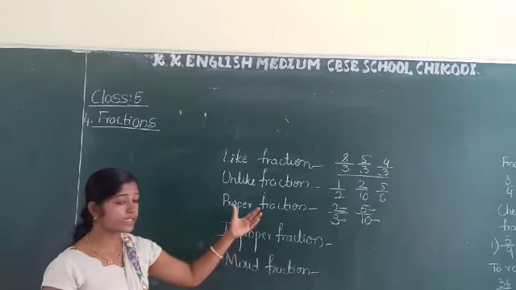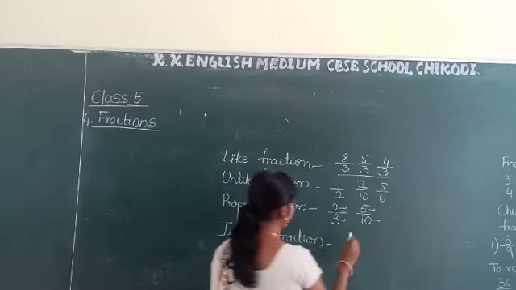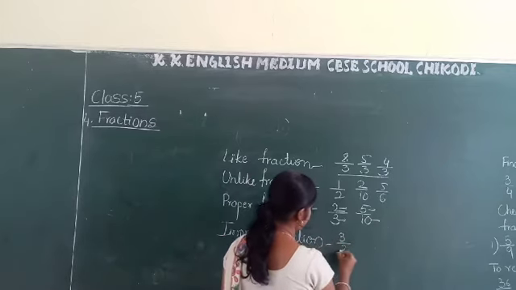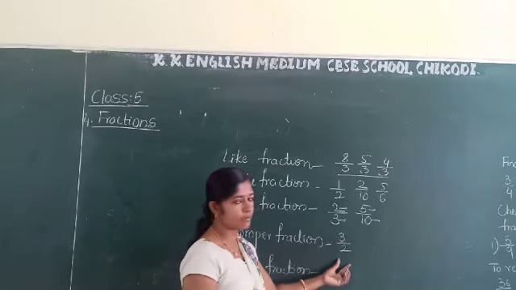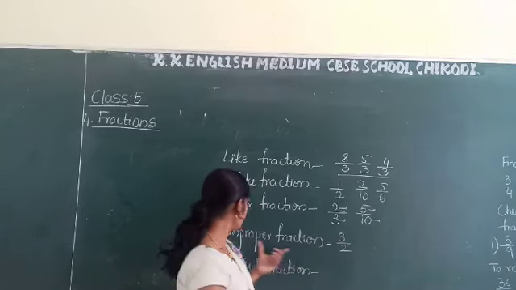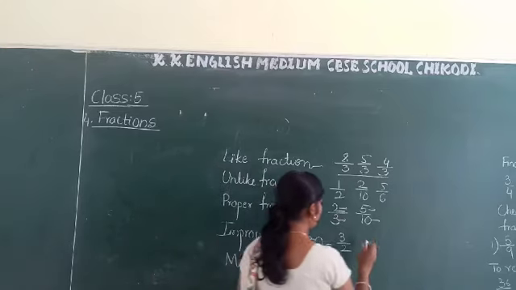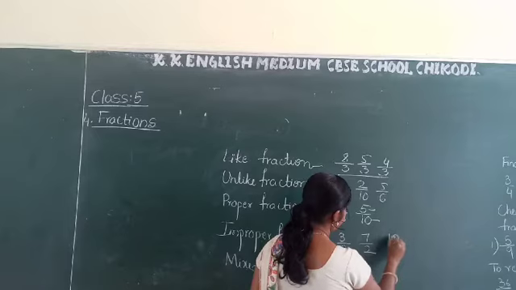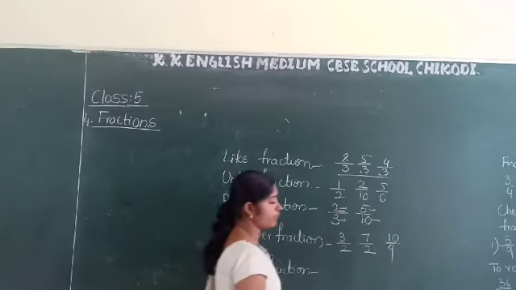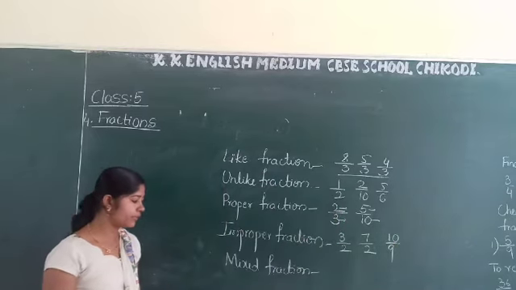Improper fraction is its reverse. Take 3 by 2. Numerator big and denominator small, so we call it improper fraction. 7 by 2, 10 by 9, this kind of fractions we call improper fractions.